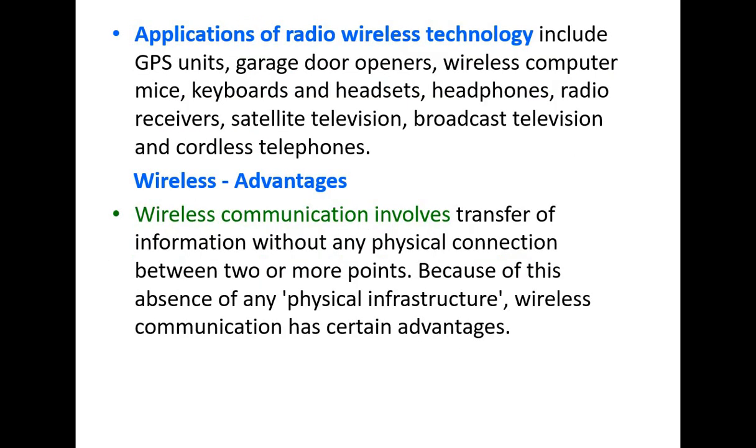Then when we talk about the applications of wireless technology, we can consider GPS, garage door openers, wireless computer mice, handsets, headphones, satellite television, cordless telephones. These are the things we normally use for various purposes in our life.